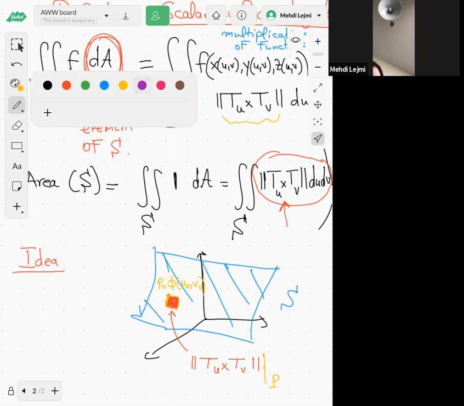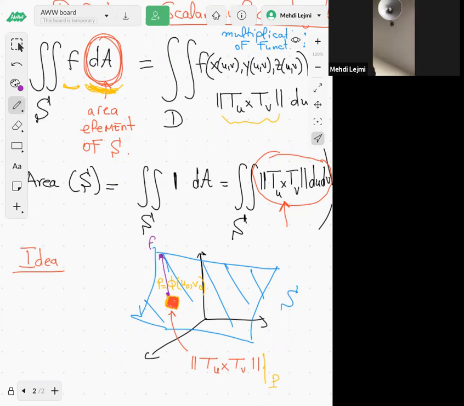So this is your point P, at (u0, v0), and you multiply by f of P, the function f at the point P. If you multiply the area of this small parallelogram by f of P, which is like a weight, or let's say the height, you get the volume of this parallelepiped.